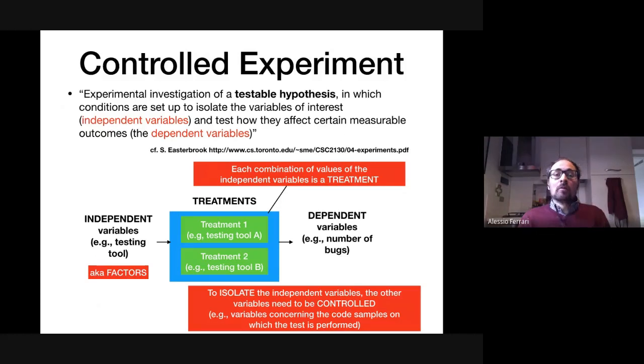So this is to tell you that, as in any controlled experiment, the independent variables need to be isolated if I want to say that the variation in the dependent variable is due to the modification of the independent one. Otherwise, if I don't control these variables, I may observe variation in the dependent variable, but it may be caused not by the independent one, but by the other variables that I didn't control.